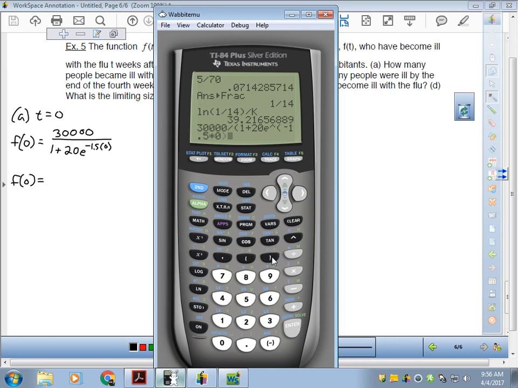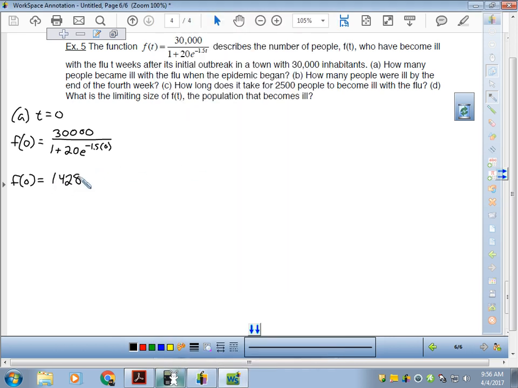That closes the e, and that one closes the bottom of the fraction. So here we go, 1428.571. Now here's the thing. Because we are talking about people, you can't have 0.571 of a person. We do need to round it to a whole number. So this is 1,429 people.